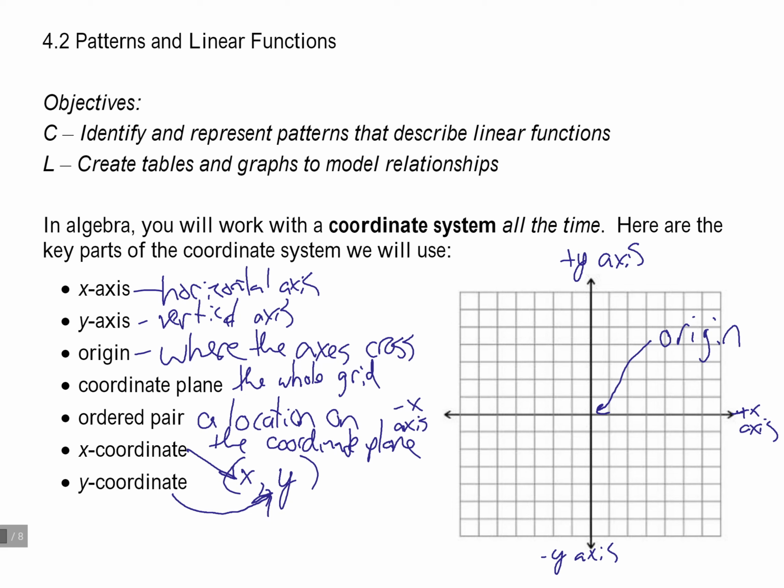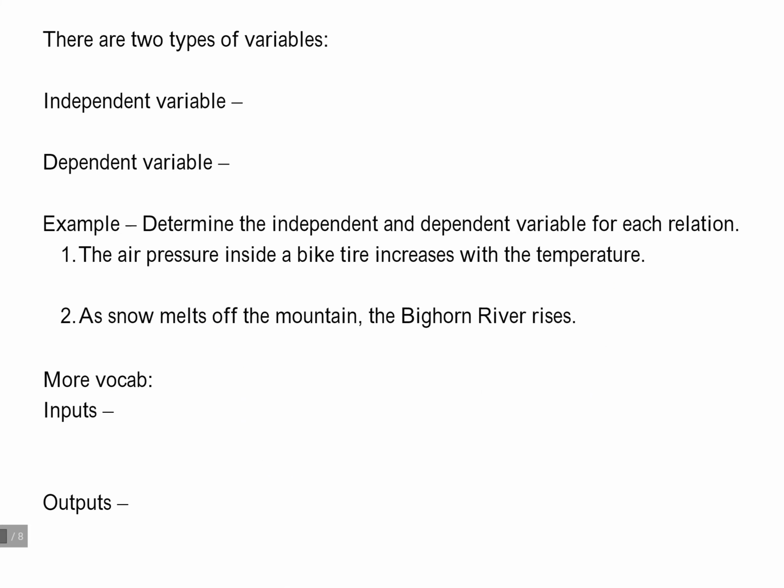So moving on, there's two types of variables now. Okay, there's the independent variable and the dependent variable. The independent variable is the variable that we control. Okay, if we're doing a science experiment, then this would be like if we're trying to measure the plant height based on the amount of water that we give a plant or the amount of light that we give it, the thing that we're controlling is the amount of water or light.